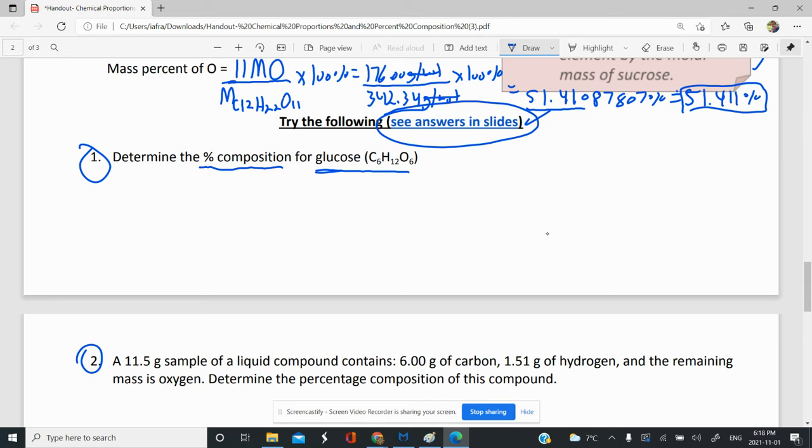So in a question like this, where you don't have any mass data, you need to use your molar mass. So that's really my first step, is to find the molar mass of the entire compound, which is the molar mass of C6H12O6. And so from periodic table data, that's 6 times 12.01, which is the carbon molar mass.